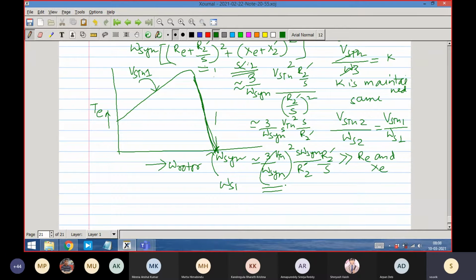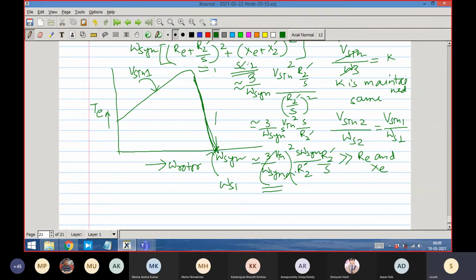So there will be a corresponding change. If I say that I have maintained VTH by omega s constant, I am also simultaneously maintaining this ratio, because the machine has not changed, it is the same machine. We are only playing with the supply voltage and frequency. We are not changing the construction of the machine. So therefore this ratio will be constant, right?